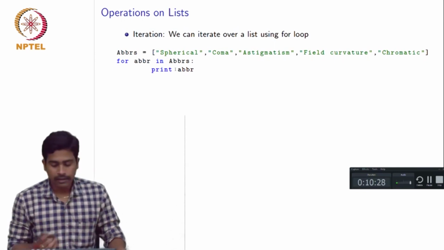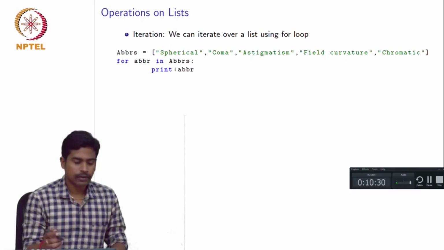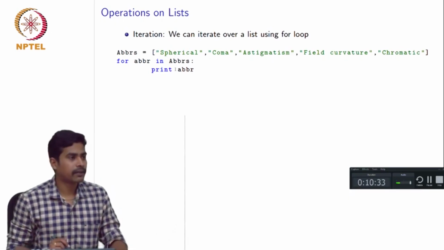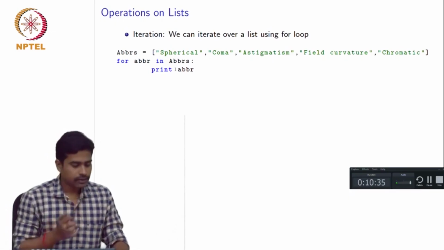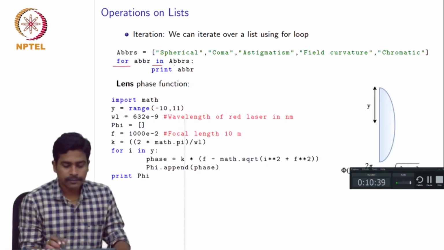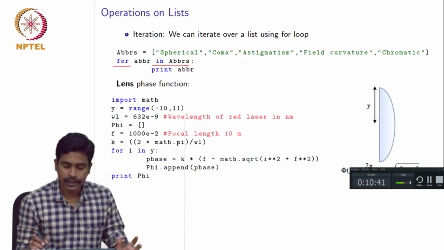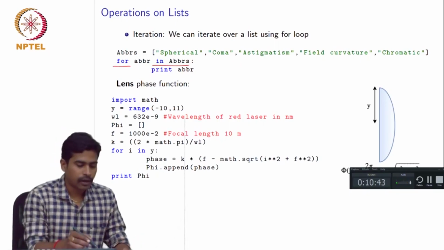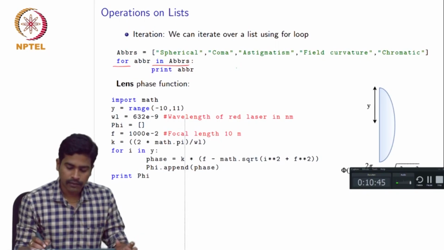Okay, so now in this slide we will see different operations that we can do on lists. As we have seen, in for loops so far we are using the following syntax.